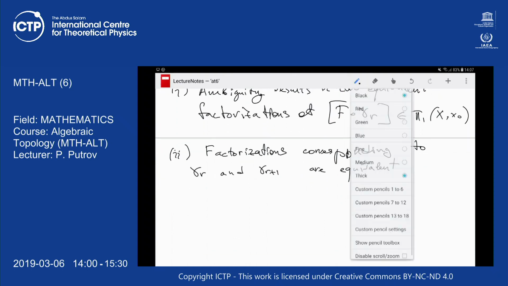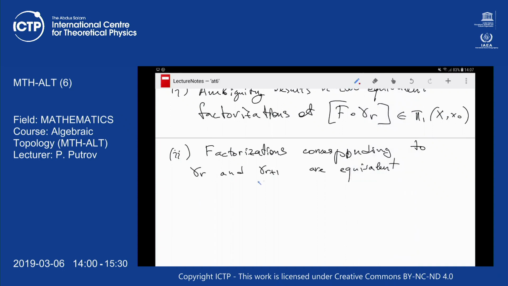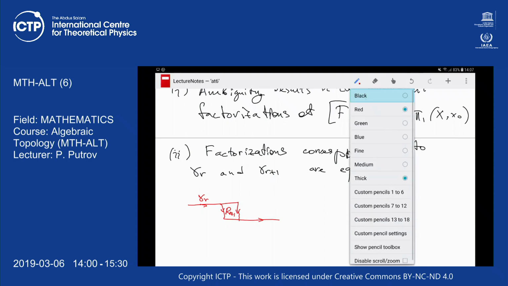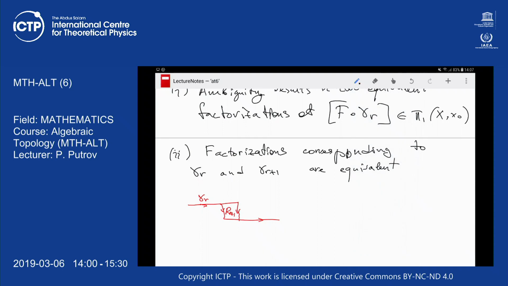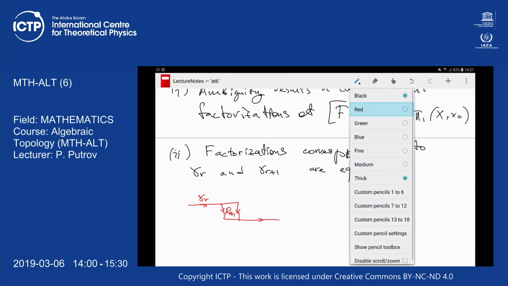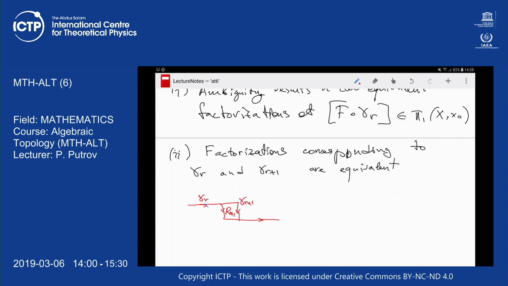So how do we see this? What is the difference between the paths gamma r and gamma r plus 1? Gamma r looks something like this. Gamma r plus 1 should separate one more small rectangle, namely rectangle r plus 1, from the rest. So this is gamma r plus 1 above, and this is gamma r.